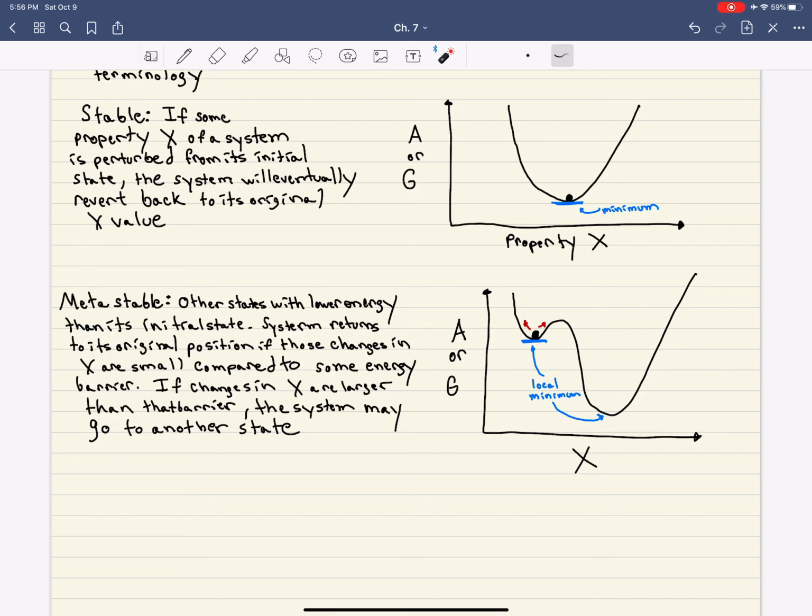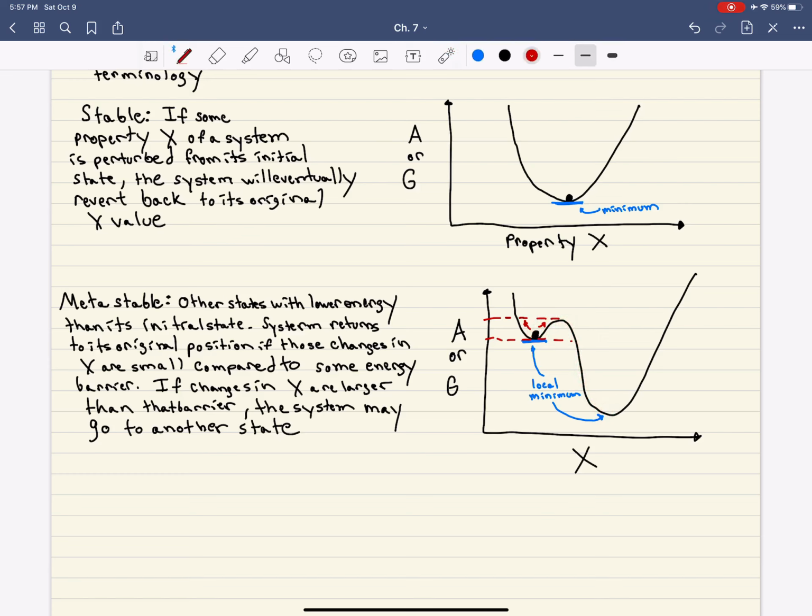And you could see here, in order for it to go to that new state, this ball has to go over this hill or this barrier, right? And so that's what we mean by an energy barrier. It's literally that the system has to gain enough energy at some point in order to then end up at this lower energy state here.